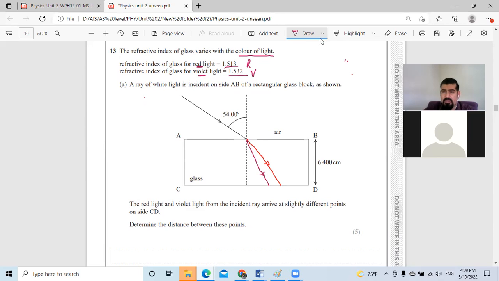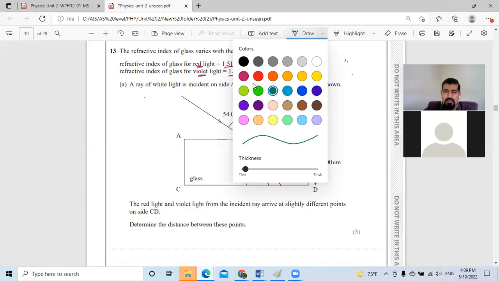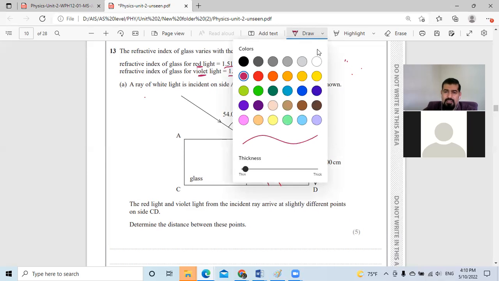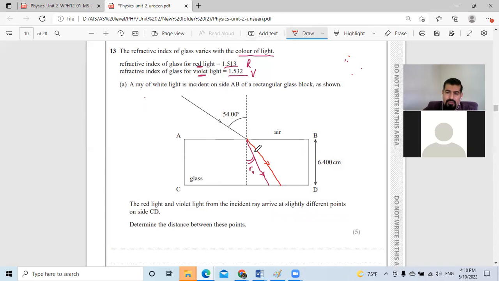It's not to scale. Now, as you can see here, this angle of refraction for violet, RV, is not the same as for the red. So the RV is smaller.